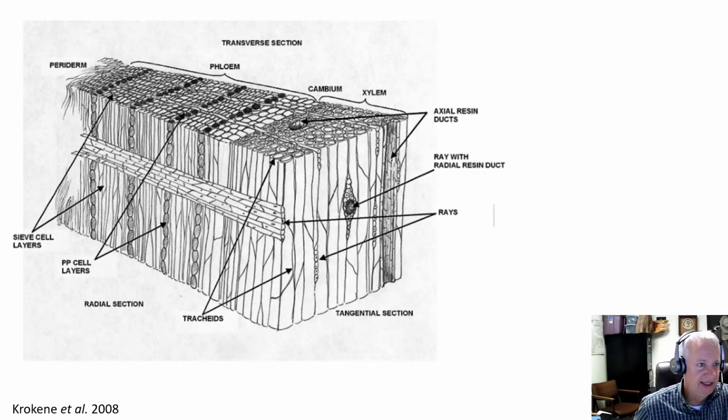In addition to those induced responses, I want to remind you that there are cells in the secondary phloem called polyphenolic parenchyma cells, and that's these cells here. All of this is the phloem. So we're looking at a block of stem here, where this is the outer bark or the periderm out here. This is the phloem. Here's the vascular cambium, and here's the xylem.